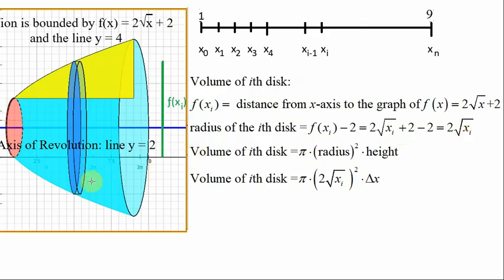For the ith disk, which is a cylinder, the volume would be pi times the radius squared times the height. In this case, the radius is 2 times the square root of x sub i. So this is the volume of the ith disk.